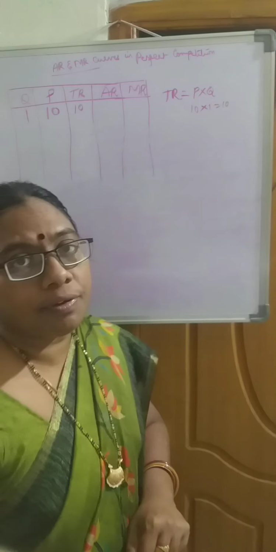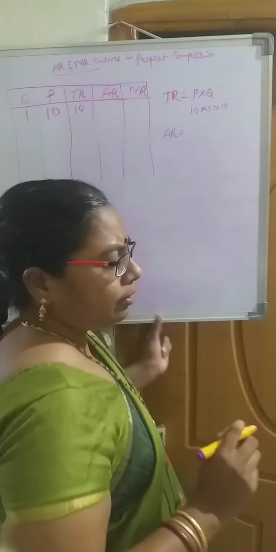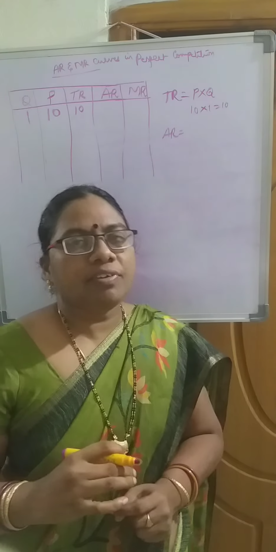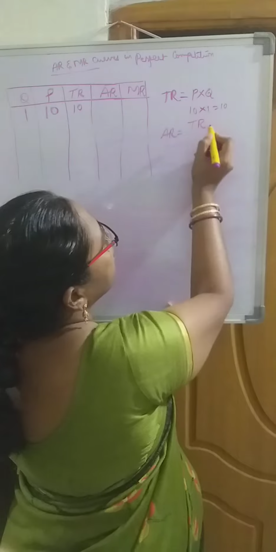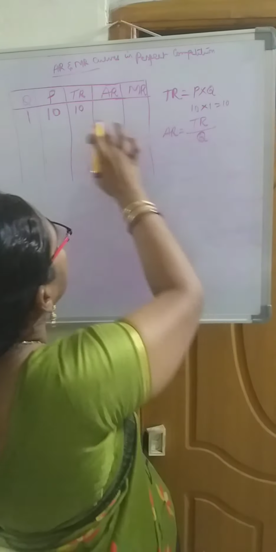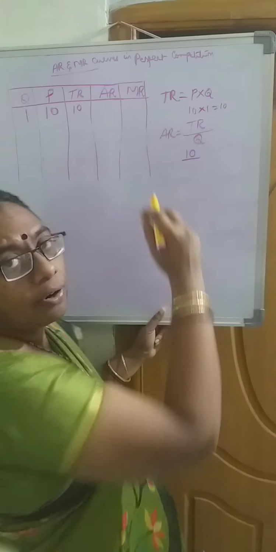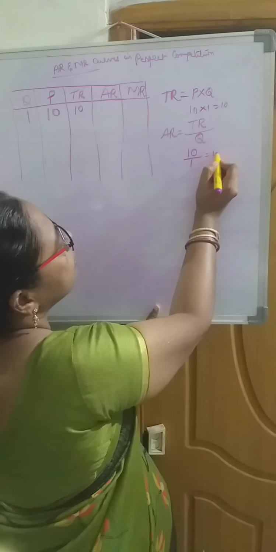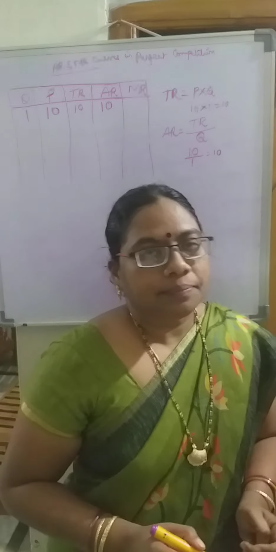What is average revenue? You have to remember, whenever we are talking about average, we have to do something with total. So average revenue you get by TR divided by quantity. Here we got TR as 10. And how many products has he sold? What is the quantity? 1. So 10 by 1 is equal to 10. So the AR is also equal to 10.